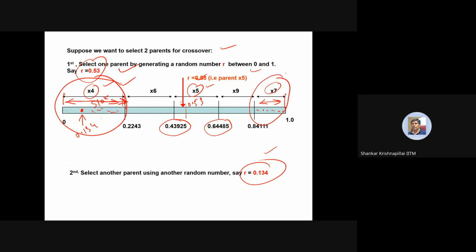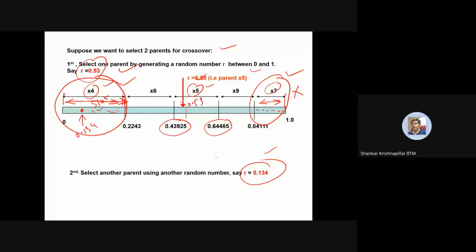It automatically gives less importance to low fitness parents like X7. But the beauty of this arrangement is that X7 is not totally avoided. Once in a while, X7 will get selected, so it is not being unfair to that. So this is the roulette wheel selection.